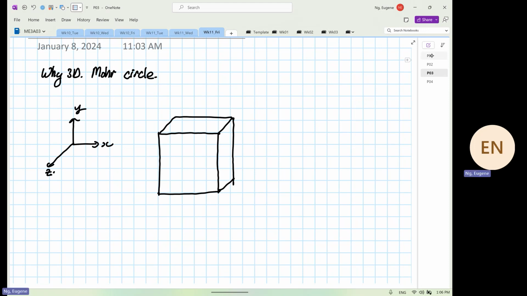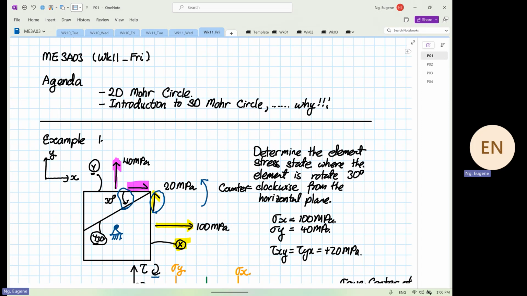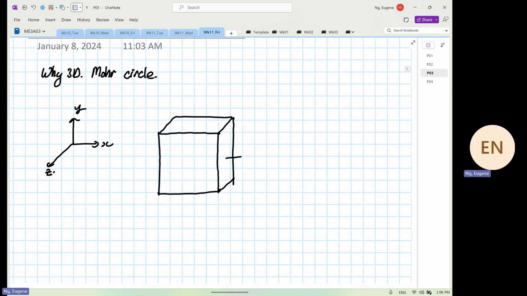I'm going to follow the same stress state, 140. So over here is 100. Over here is 40. And over here is our what? 20. Nothing changed. Agree? Right? Nothing changed.